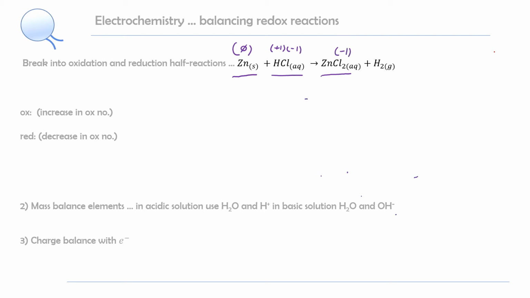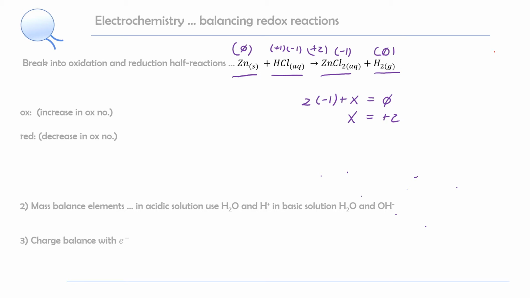There are 2 of those in the substance. I do not know the oxidation number on zinc currently, but I know it has to add to 0. The oxidation number on the zinc has got to be +2. Okay, last substance, hydrogen is a pure element. Oxidation number on the hydrogen is 0.